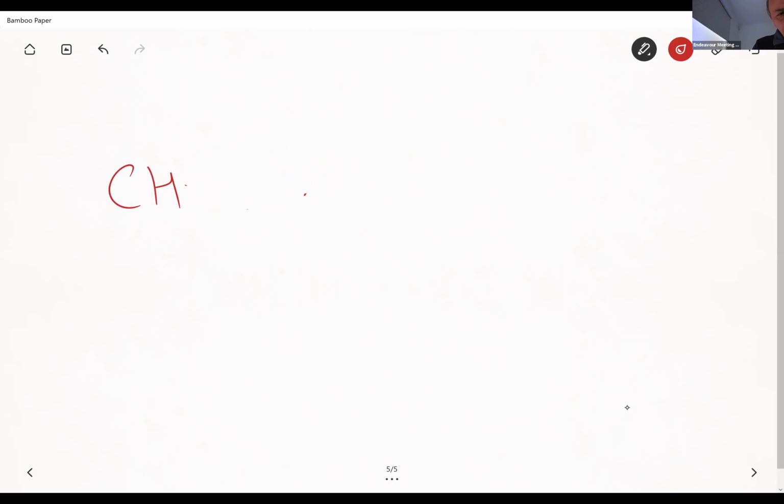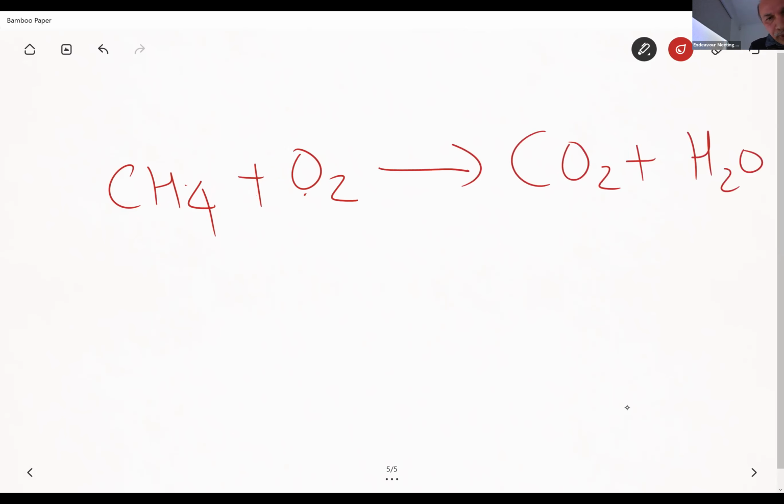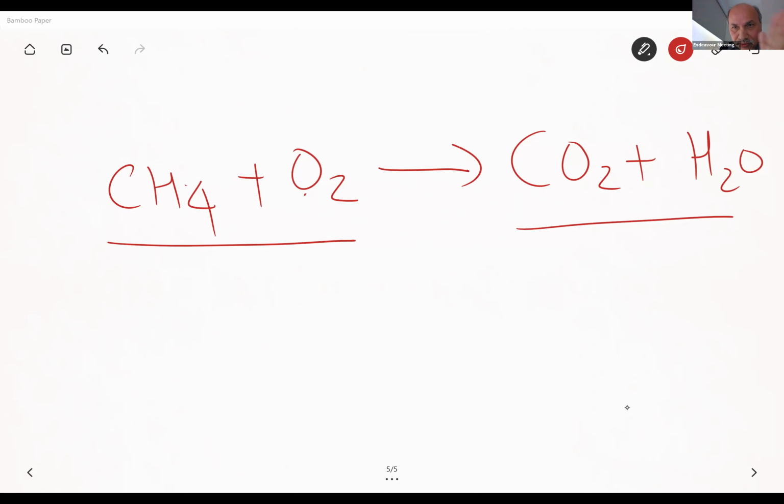CH4, which is methane, plus oxygen, and you get CO2 plus H2O. So this is going to be your reactant, and that is going to be your product. On the left side of the arrow, you have the reactants. On the right side, you have the product.